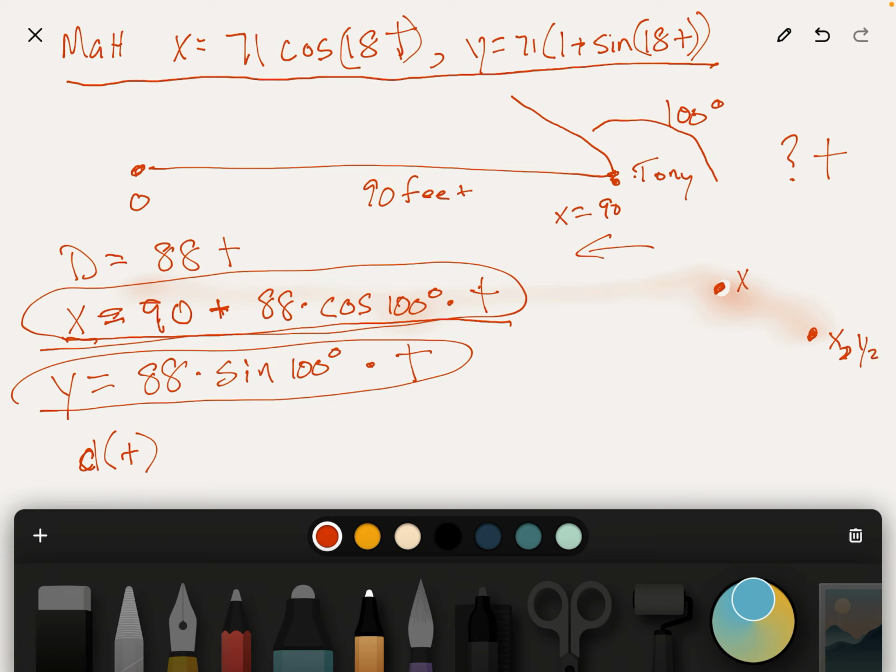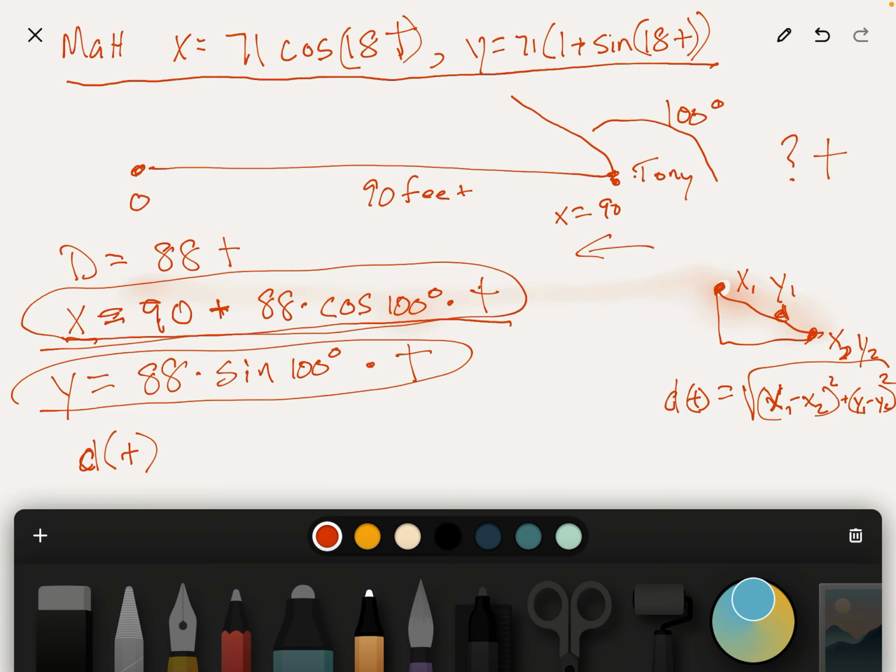And Matt has a certain coordinate, x1 and y1. So this distance d is just going to be, using the Pythagorean theorem, d as a function of t equals the square root of (x1 minus x2) squared plus (y1 minus y2) squared.